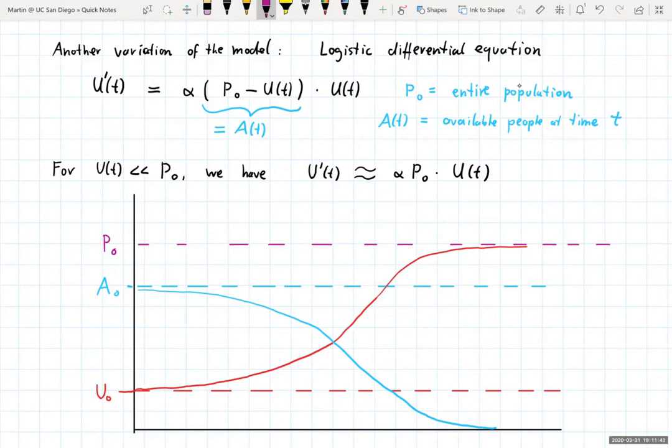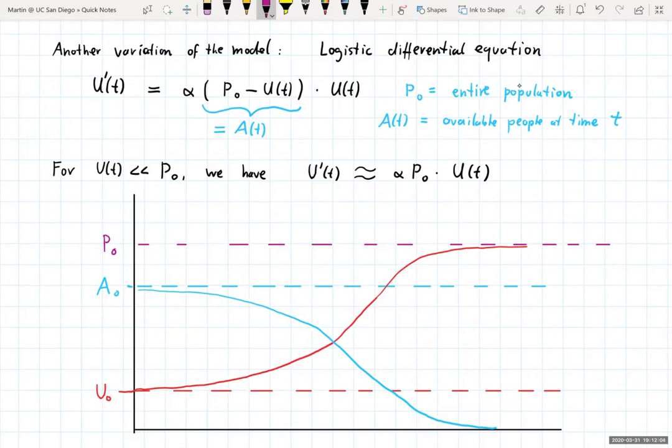Now, if you plot the number of users over time, then this is roughly going to look as here at the bottom of the screen. So at time t equals 0, we start with u naught. First we're going to see the exponential growth, but then the growth factor dampens down, gets closer and closer to 0.